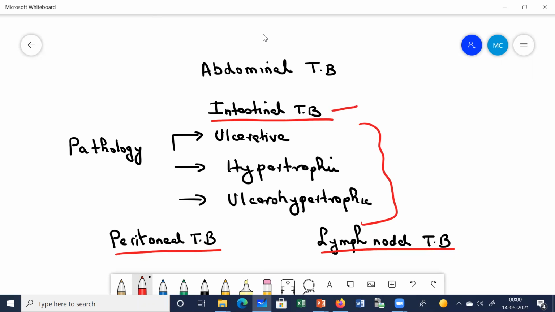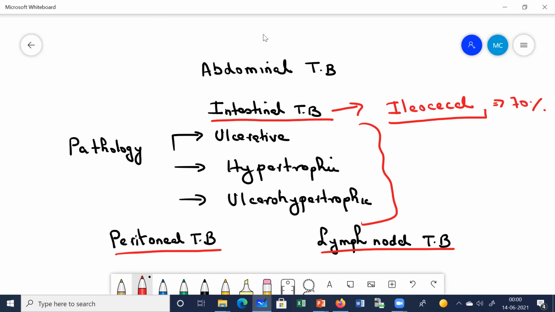Remember, which part of the intestine is mainly involved by Mycobacterium tuberculosis? It is the ileocecal region. This is the most common region affected by the tuberculous bacteria, in nearly 70% of patients. Why is the ileocecal region mostly affected?